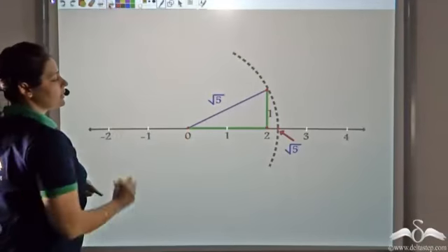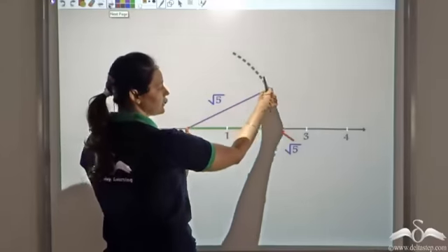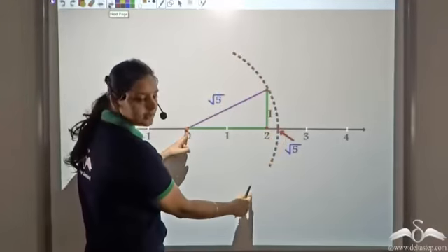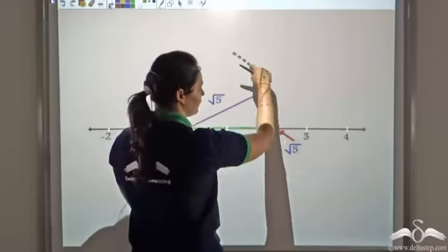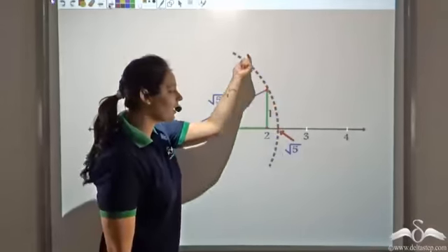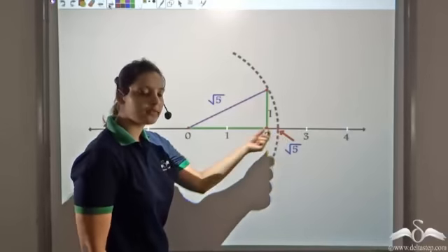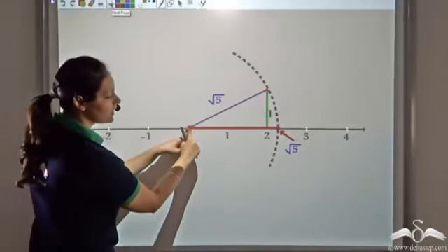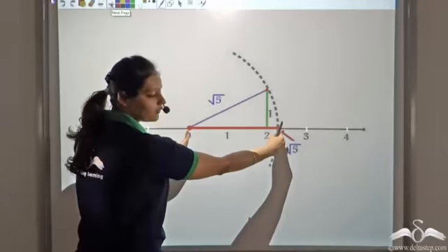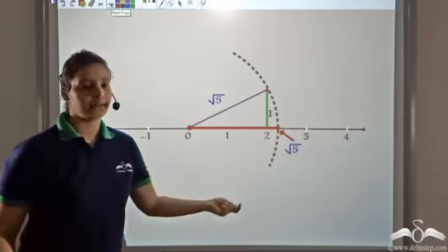Now I know the point where this arc meets the number line gives me the point root 5. The length from 0 to this point is root 5, which gives me the position of under root 5 on the number line.